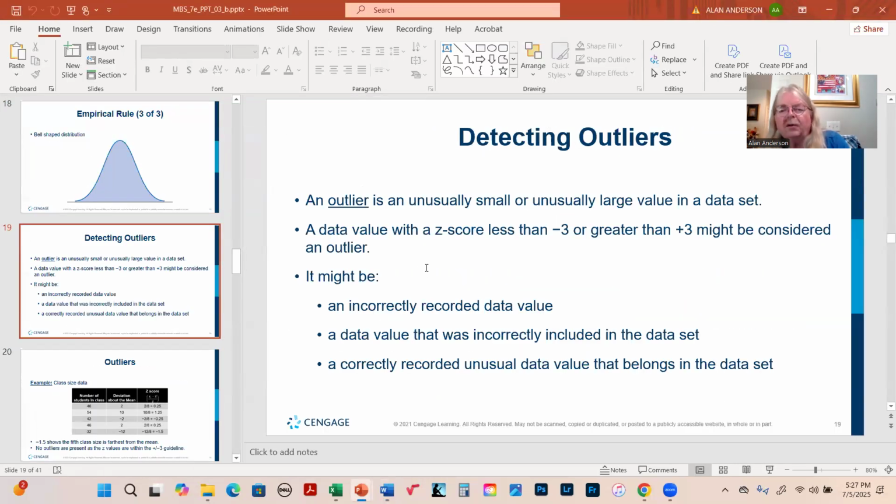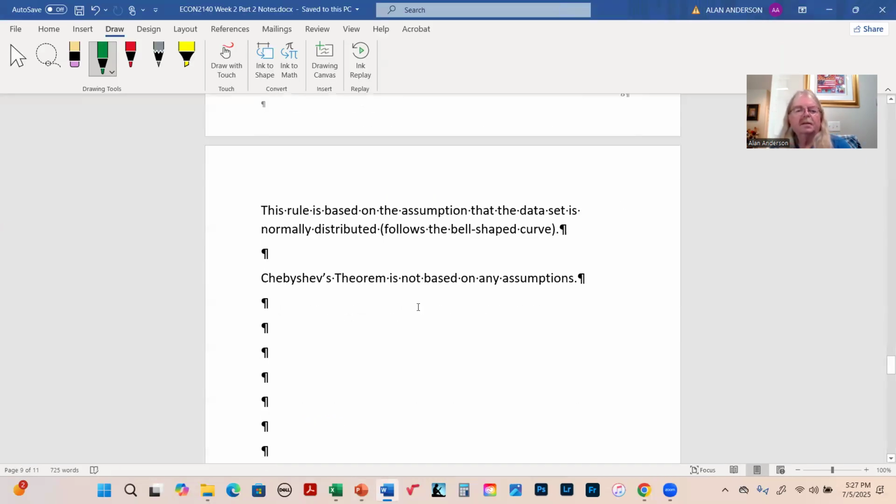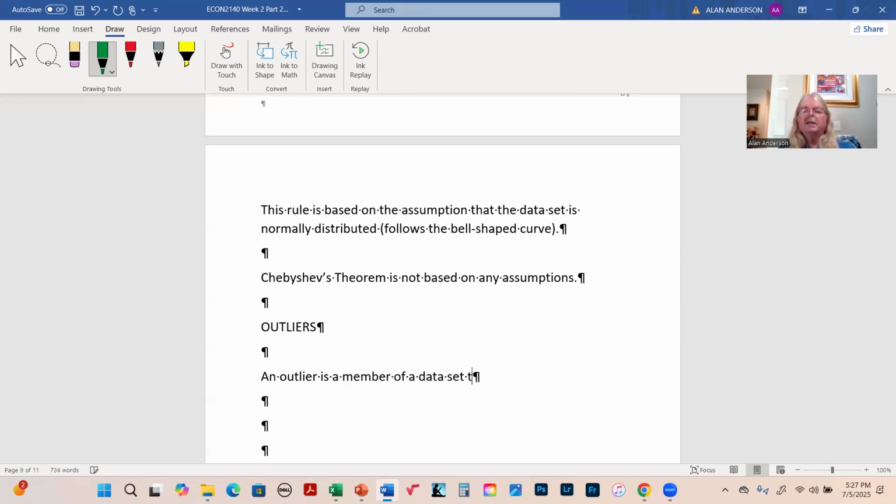Outliers. Now, what in the world is an outlier? An outlier is a member of a data set that is either much larger than or much smaller than the other elements in the data set.